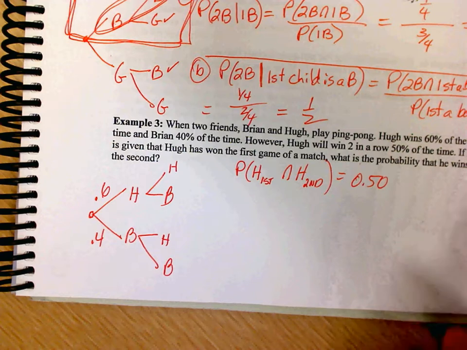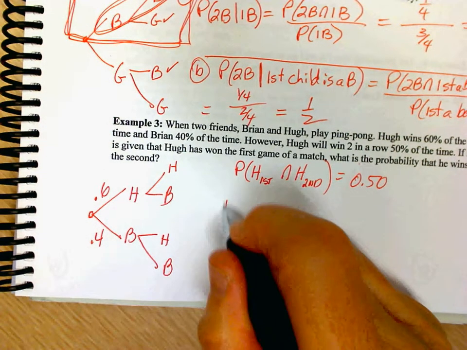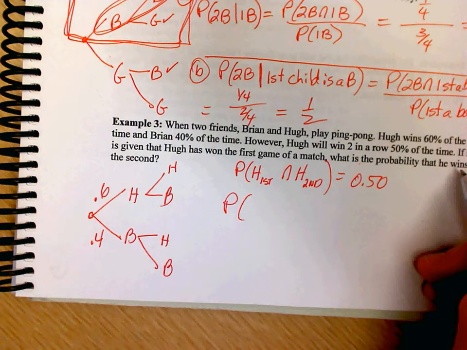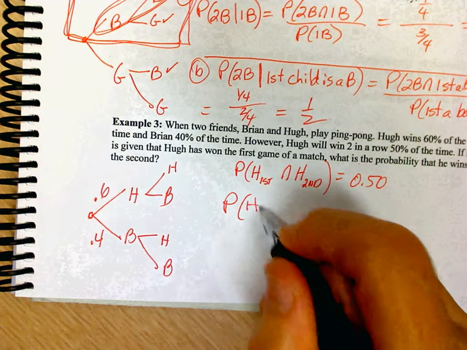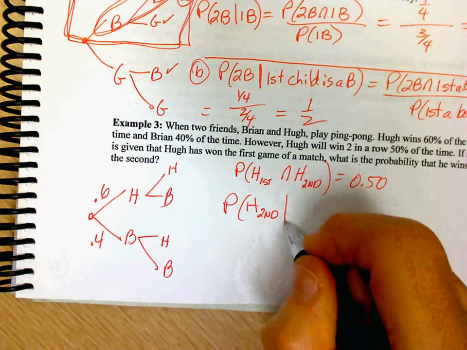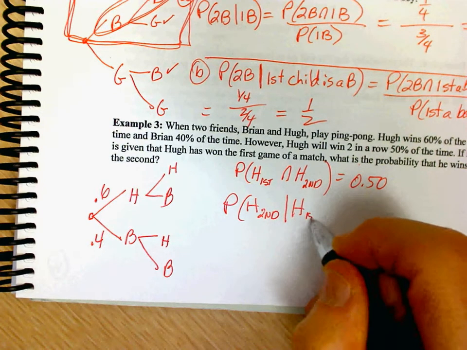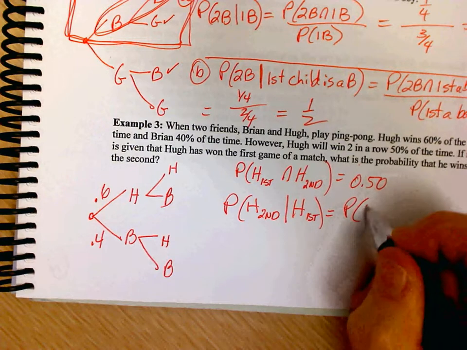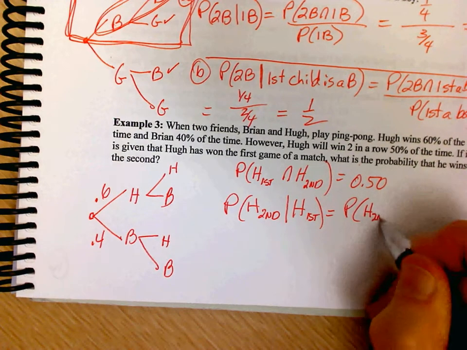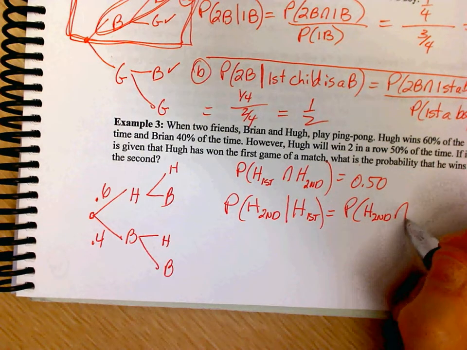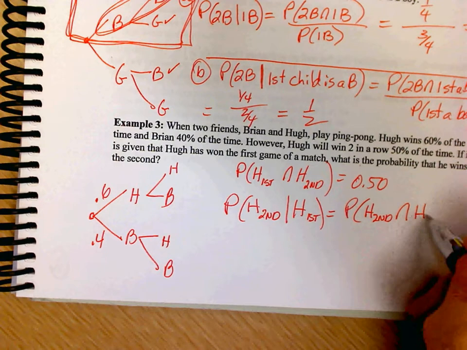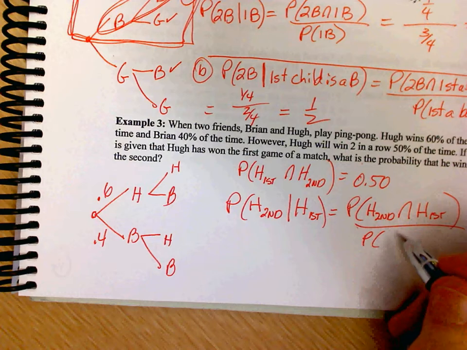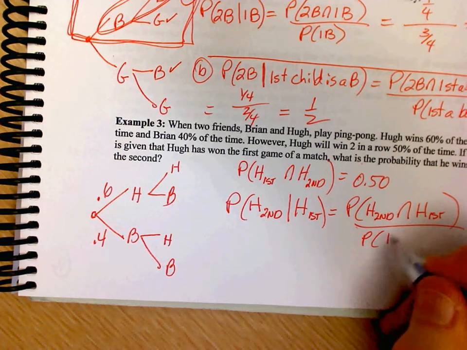So we want probability Hugh wins second given Hugh wins first is equal to the probability Hugh second intersection Hugh first all over the probability of Hugh first.